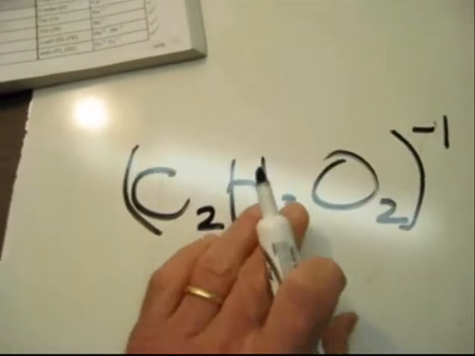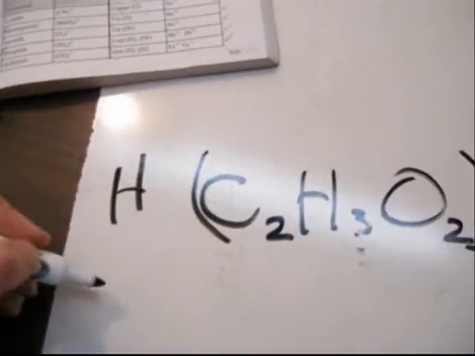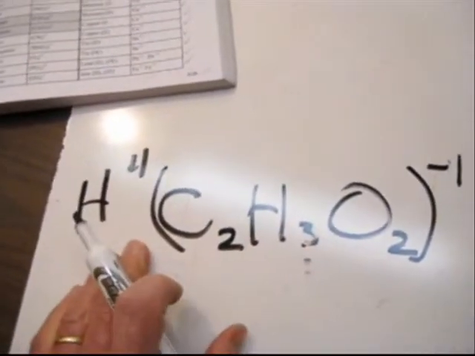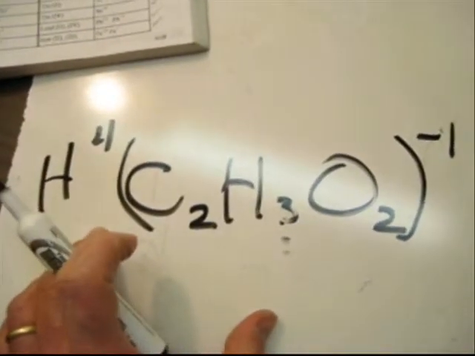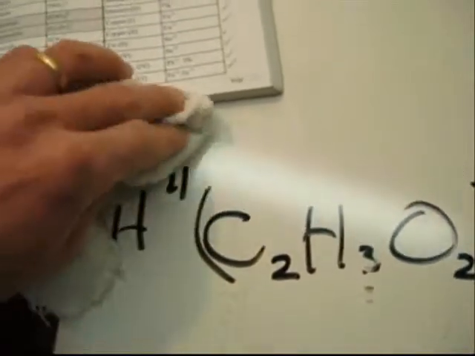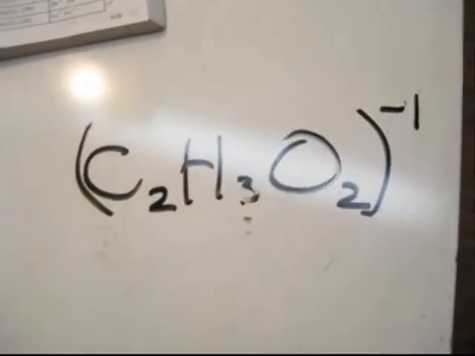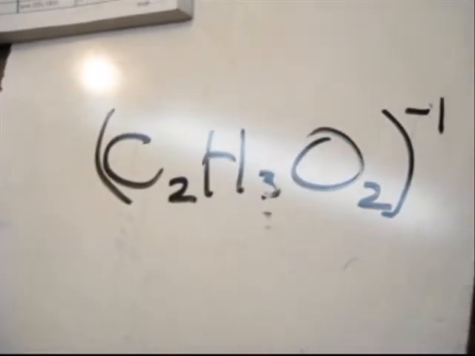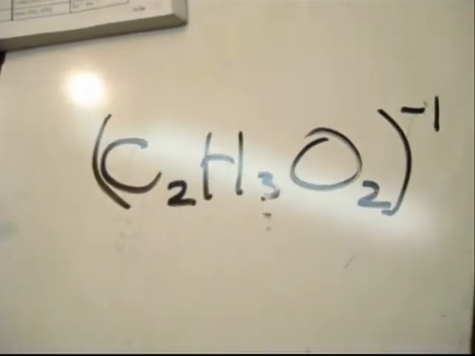Acetate is the anion. If we were to link it with a hydrogen cation out here, this is acetic acid. And acetic acid is a fancier term for vinegar. Acetic acid is vinegar, and I'm going to take that off so we're not getting confused here. The acetate ion itself is part of acetic acid, which is used to make pickles. And so my students came up with this memory aid.